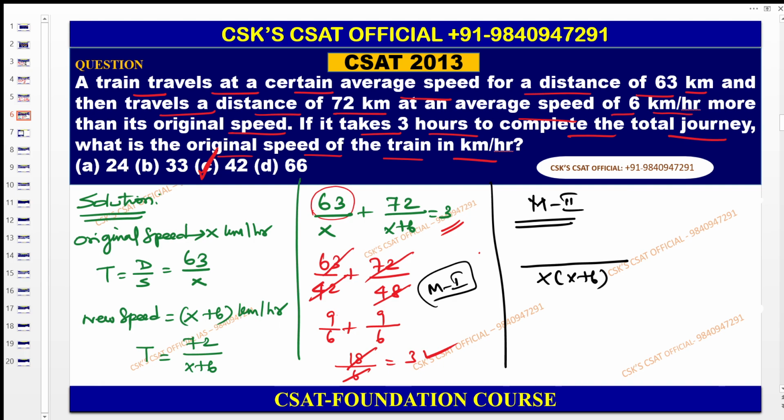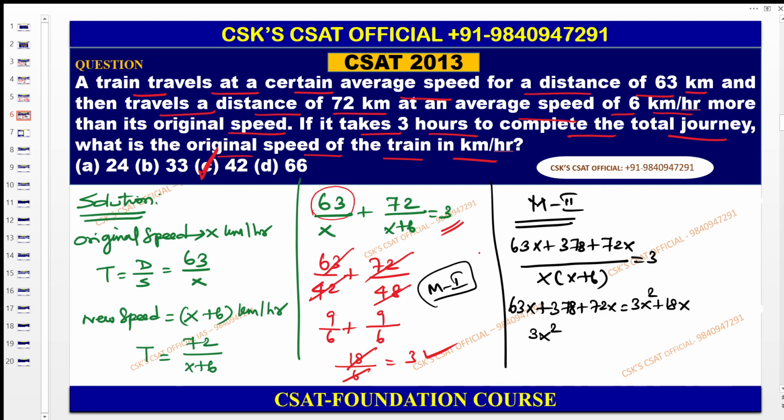x into x plus 6, cross multiply that one. So therefore it becomes 63x plus 378 plus 72x, which is equal to 3. Then further you can cross multiply 63x, 378, 72x. So if you cross multiply this, 3x square plus 18x. Rearrange, bring everything towards the RHS.